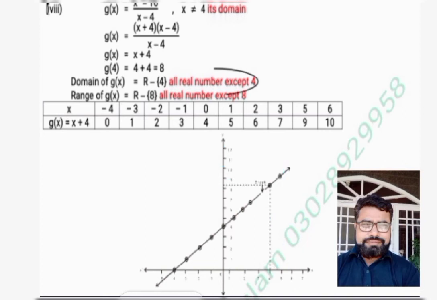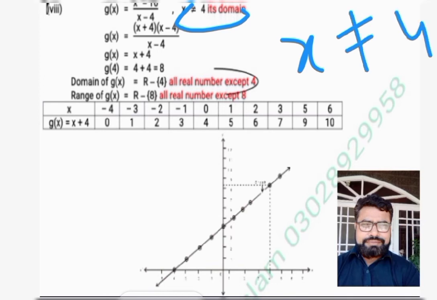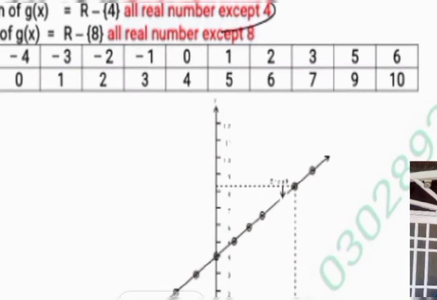Now we will join all these points, but remember that if there is a domain, that is x is not equal to 4, there will be no graph at x is equal to 4, so we will leave some empty space here.